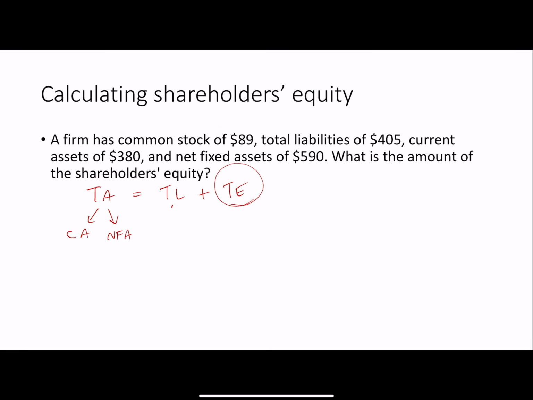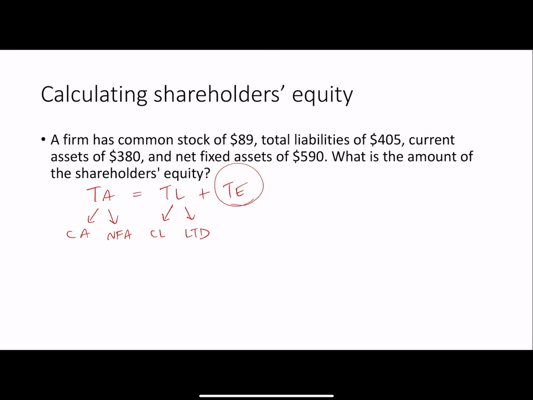And total liabilities can be divided into current liabilities and long-term debt. So those are basically the pieces that we're working with. Let's see if we can back out total equity given the information in the problem.